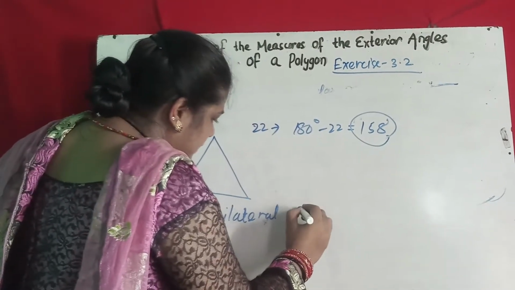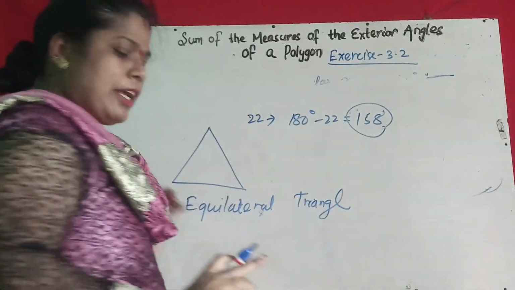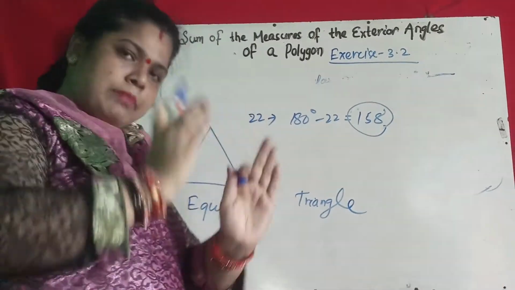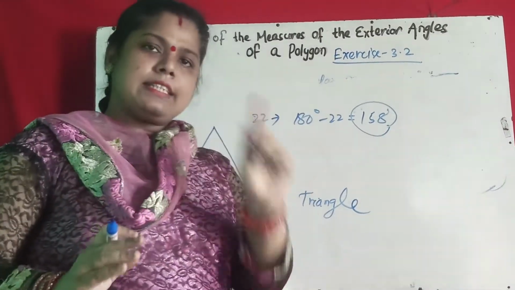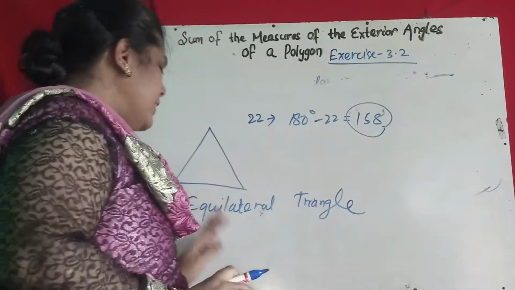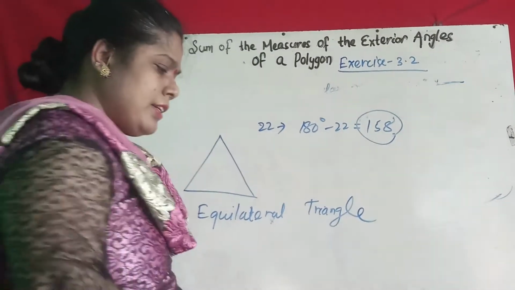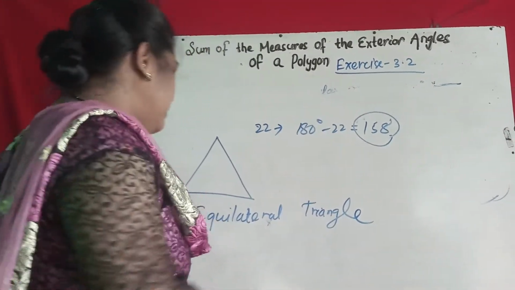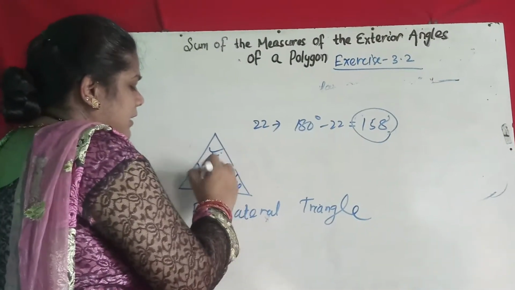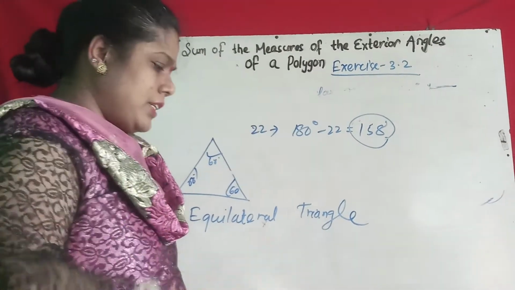Try to understand this. A regular polygon means all sides are equal. The minimum-sided polygon is a triangle. If a triangle has all three sides equal, it is an equilateral triangle. They are asking the minimum interior angle, obviously 60 degrees. You know an equilateral triangle has three angles, each 60 degrees.